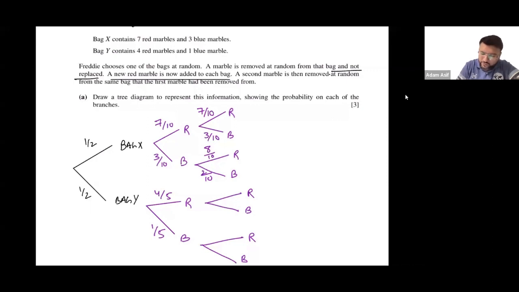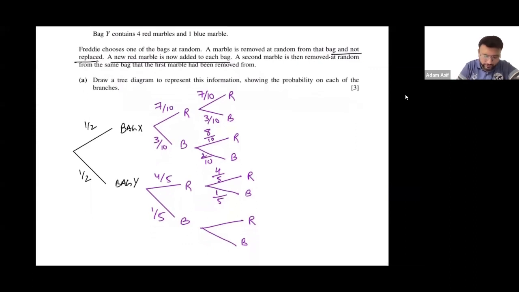If you were dealing with bag Y, and you have removed the first red marble and then added another red marble, the total number of marbles is still going to be 5, and the total number of red marbles is still 4, and the total number of blue marbles will be 1.